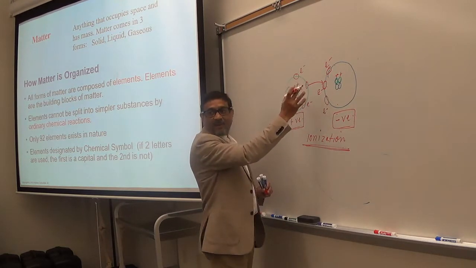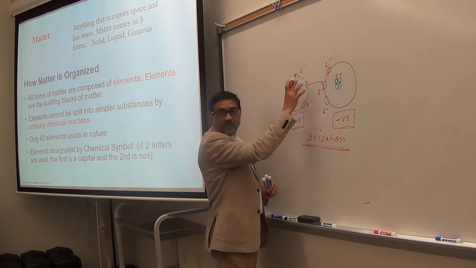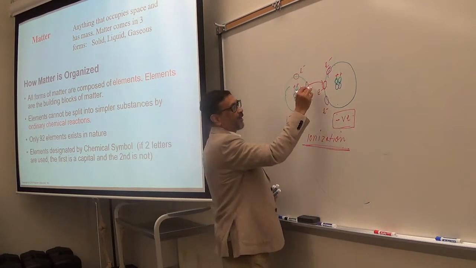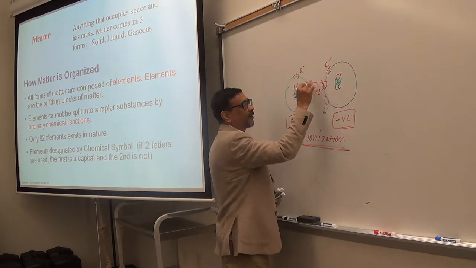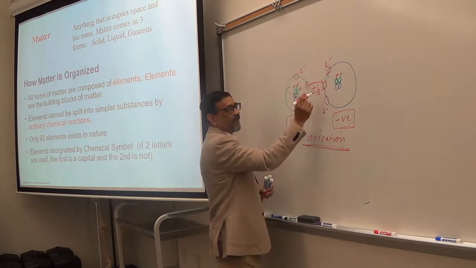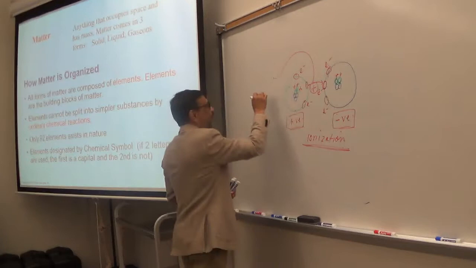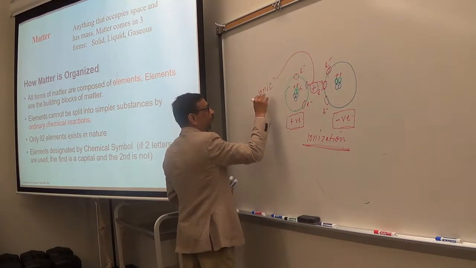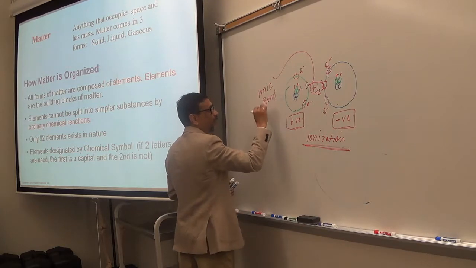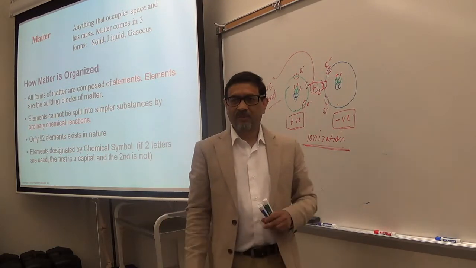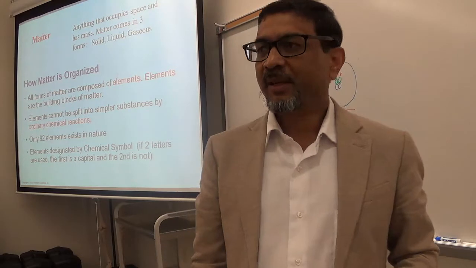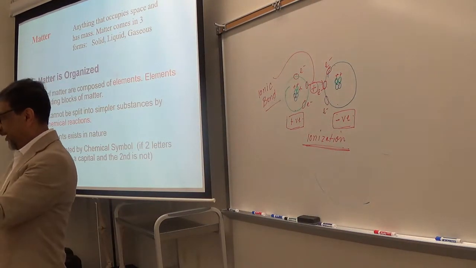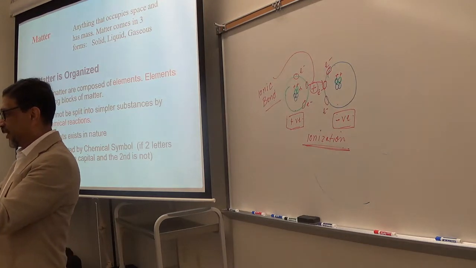Now what will happen next? This is positive now, this is negative. They will attract each other, right? So an attraction will occur between these two, and that is called the ionic bond. So ionization causes attraction, positive and negative.